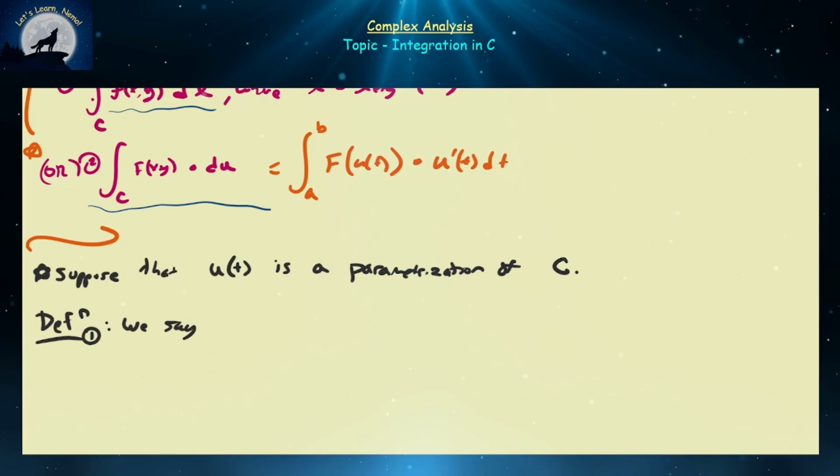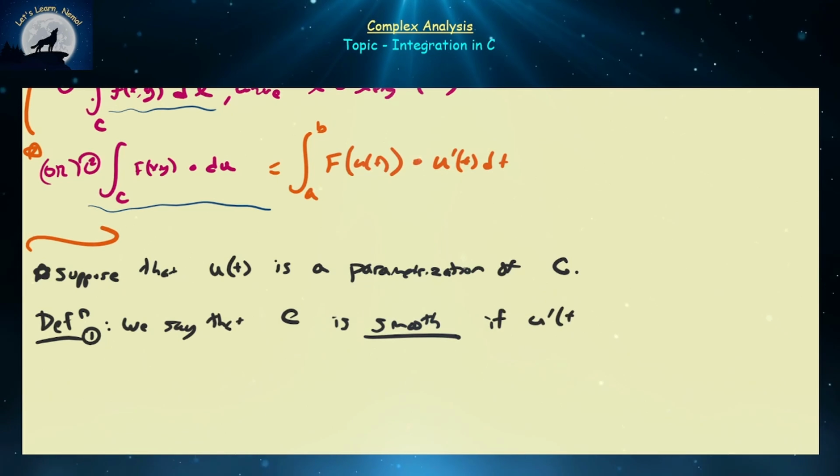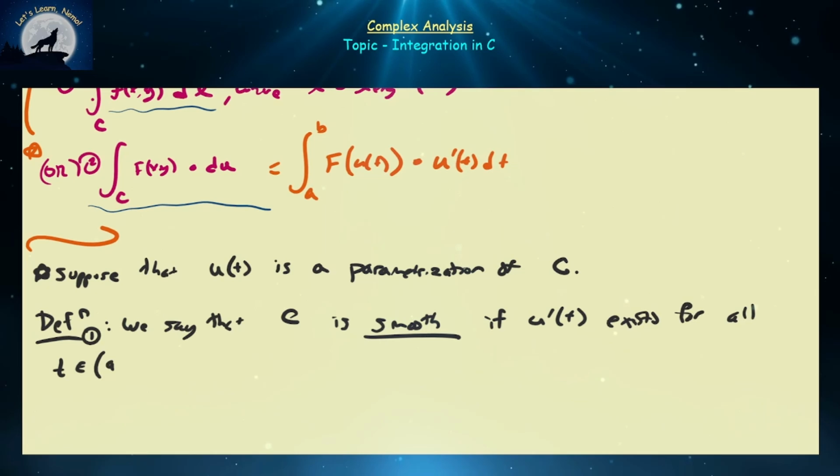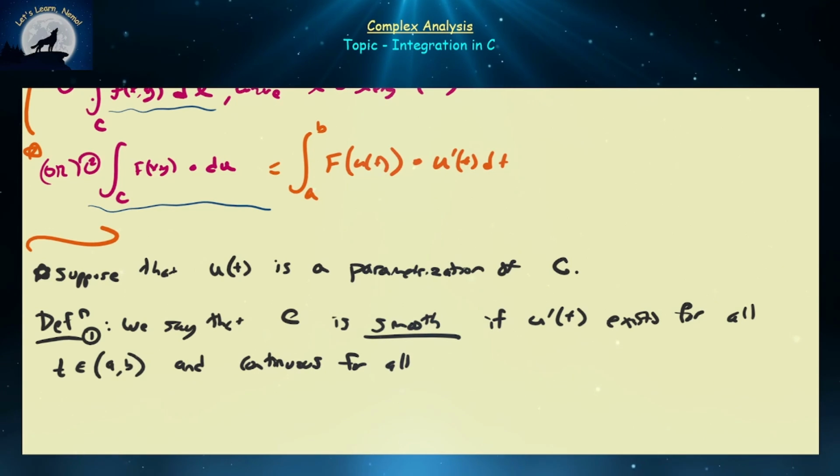We say that C, our path, is smooth if u prime of t exists for all t belonging to the open interval AB, and we're talking about the derivative of u, and it's continuous for all t belonging to the closed interval A and B.